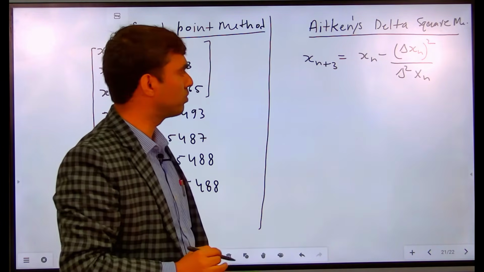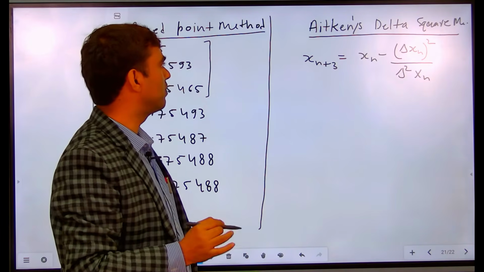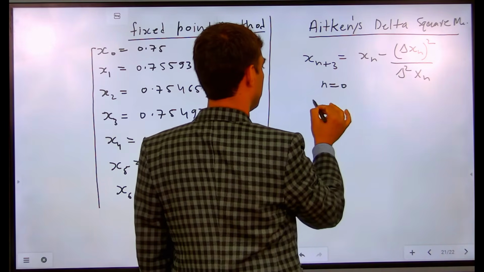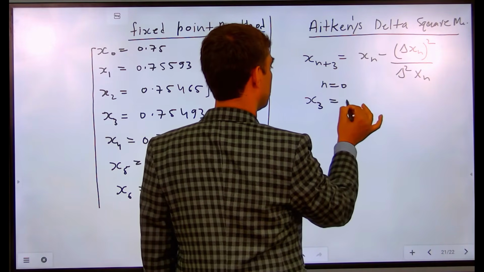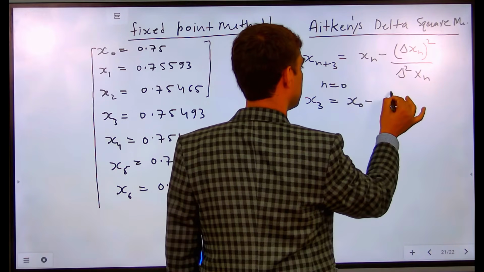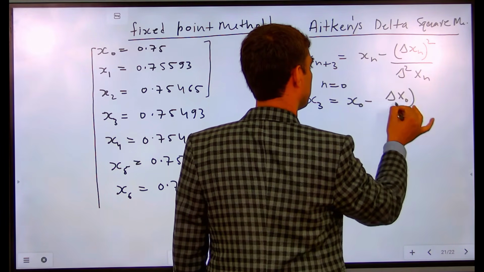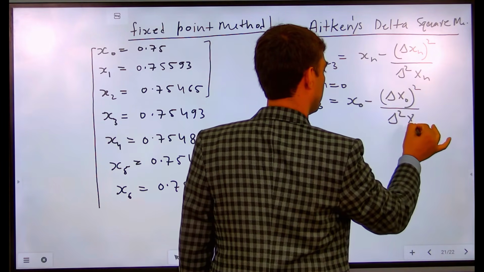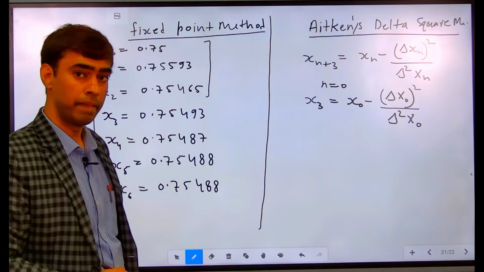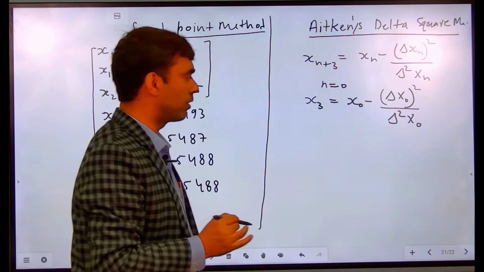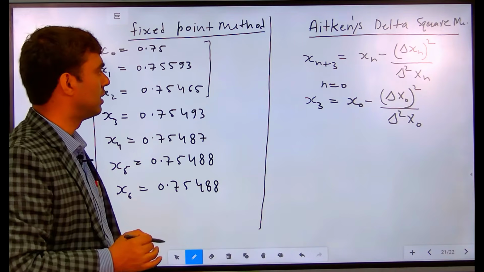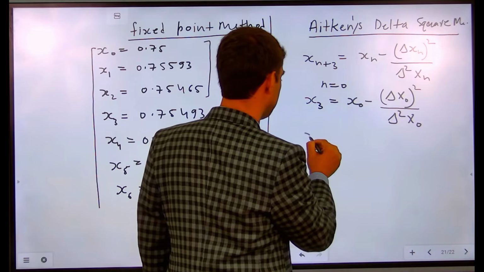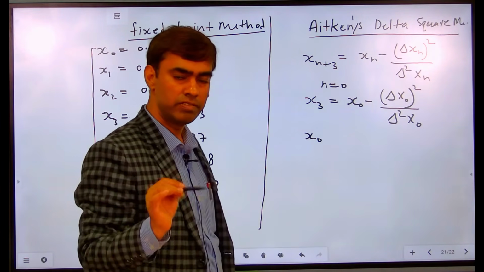In order to find the first approximate value with the help of Aitken's delta square method, suppose n equals 0, so x3 equals x0 minus delta x0 whole square divided by delta 2 x0, the second order forward difference. Now how do we find delta x0 and delta 2 x0? We have the value of x0 obtained with the fixed point method.